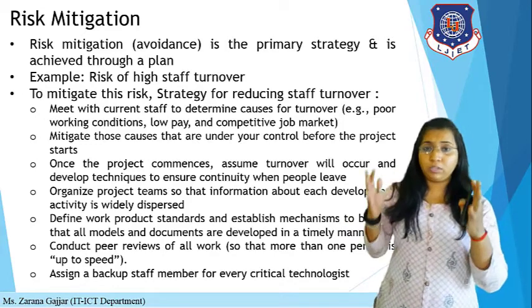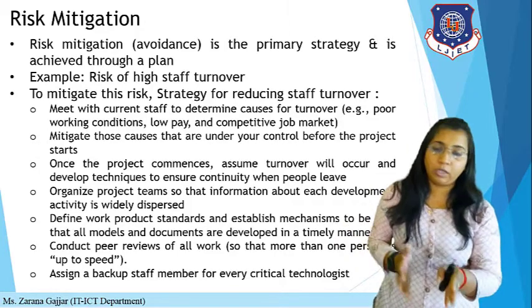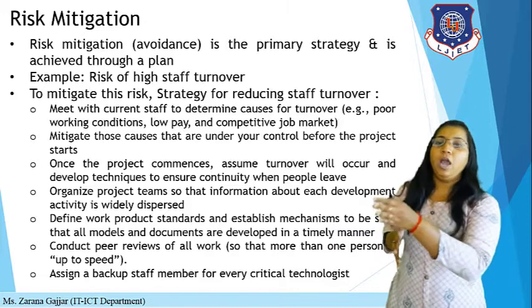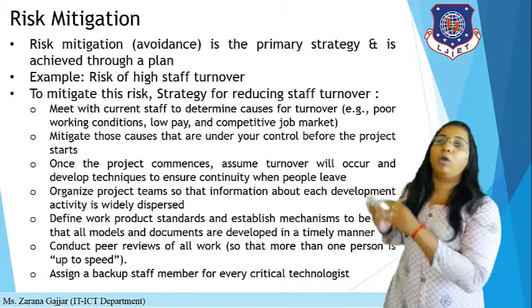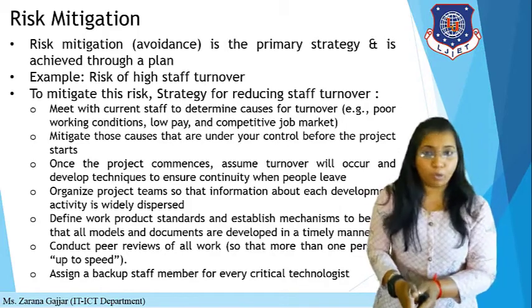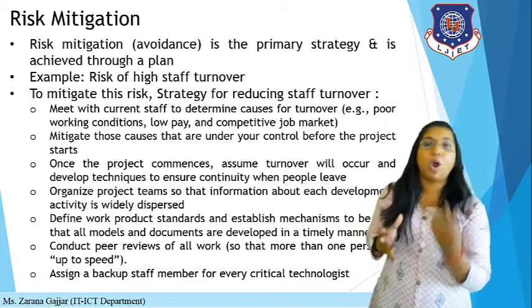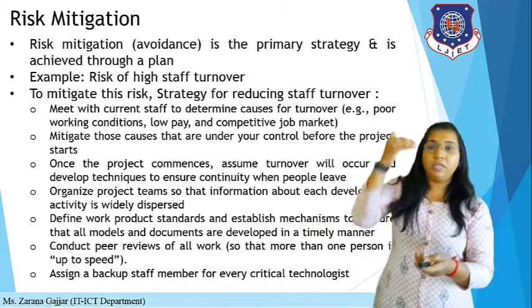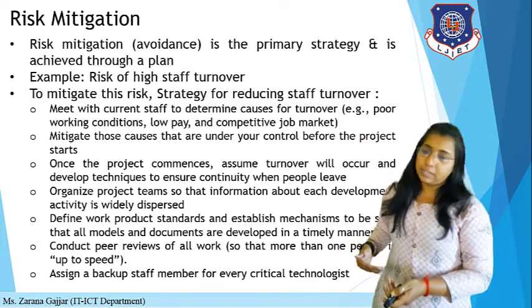If you have a skilled employee who leaves the company due to an emergency, you have a backup staff member to continue the software product. So this is risk mitigation, which means avoidance: how to avoid a particular risk. If there is a risk of high staff turnover, then you can avoid it by such a scenario.